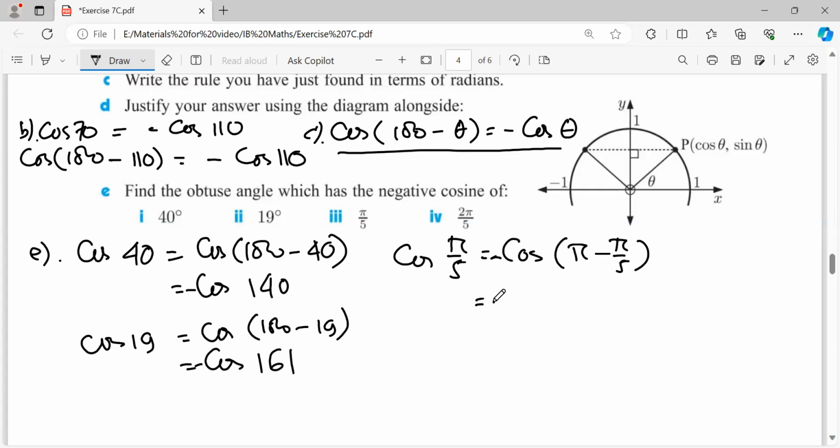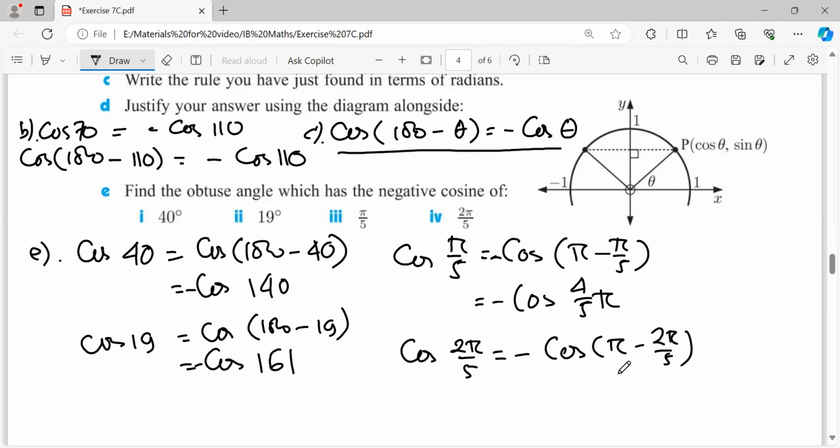By that, 4/5 pi, cosine 2 pi over 5 minus cosine (pi minus 2 pi over 5) comes to negative cos 3 pi over 5.